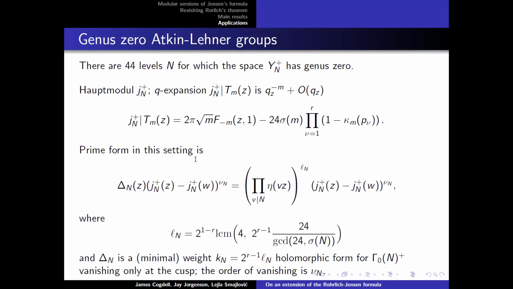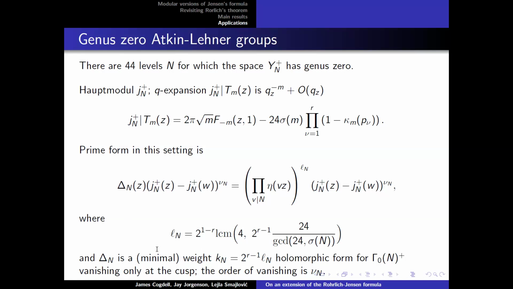So what is the prime form in this setting? Well, the prime form is the analog of the delta function on the modular group. In the sense that delta n is a minimal weight holomorphic form for this group, which vanishes only at the cusp.